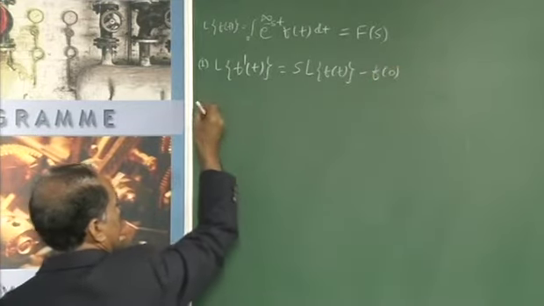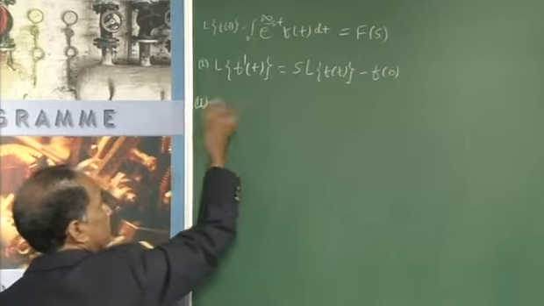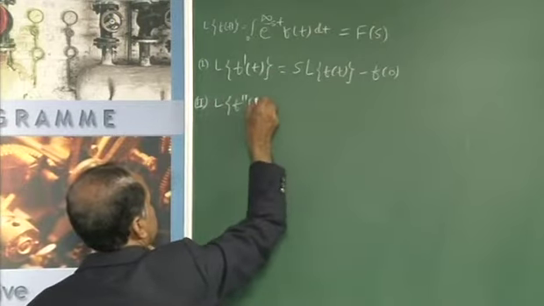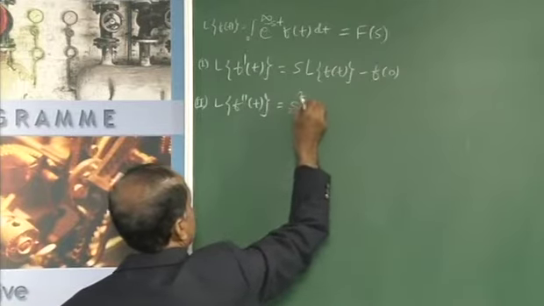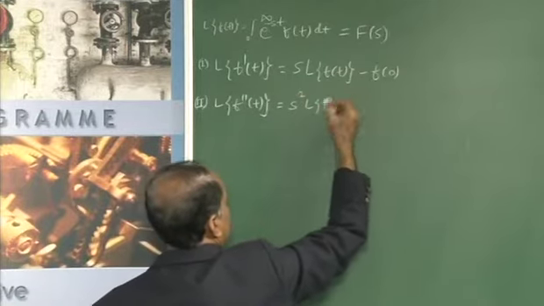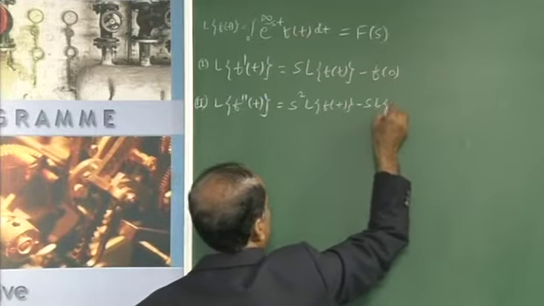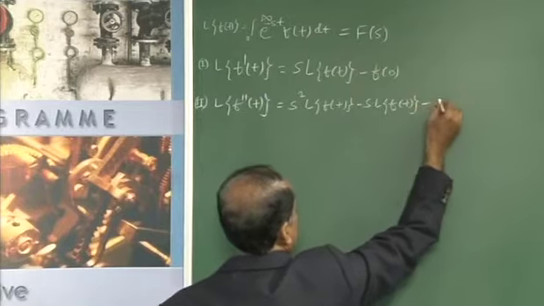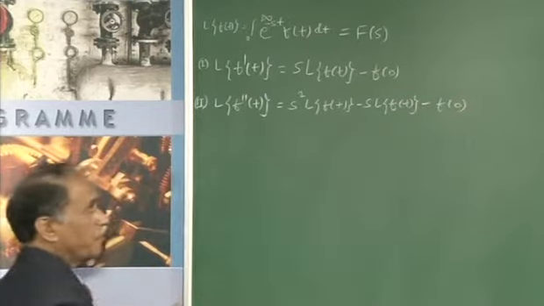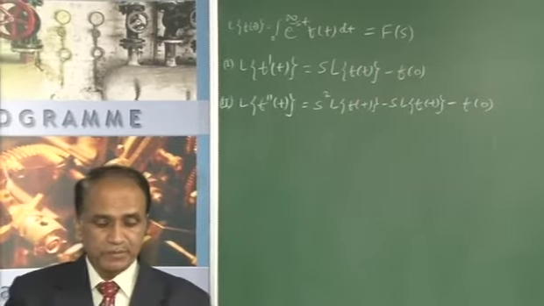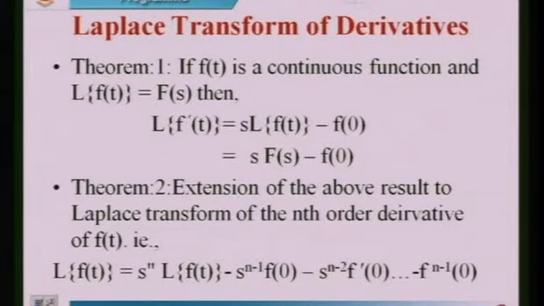The second result we also derived in the previous class: L of f double dash of t is equal to s square L of f t minus s f of 0 minus f dash of 0. Till this step we studied in the previous lecture, and I shall continue with the third order derivative, and then generalize it for the nth order derivative. Today we shall study this continuation of Laplace transform of derivatives. Let us start with the next derivation, that is L of f triple dash t.